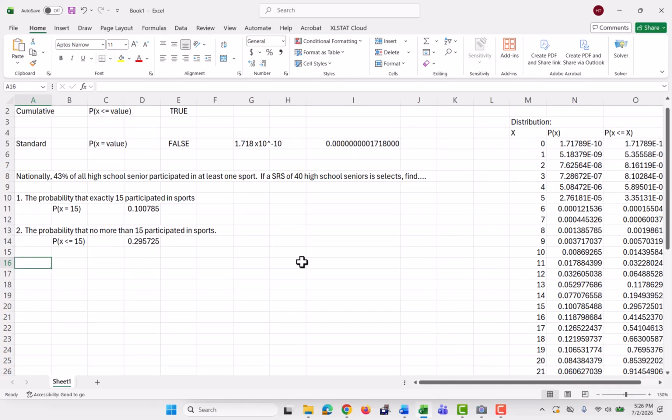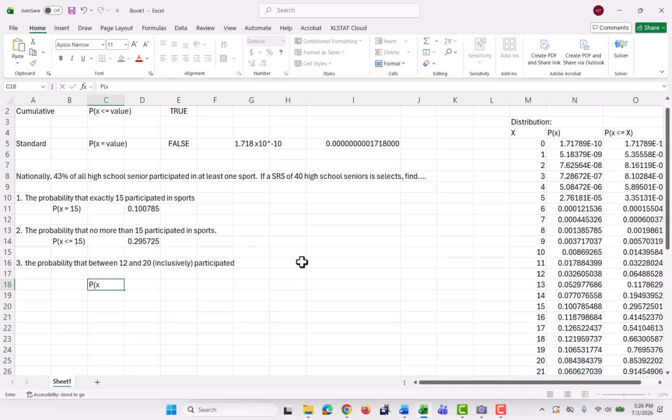So then this function is going to work just like any of our other calculations. Let's say I want to find the probability that between 12 and 20 participated. I'm going to put in inclusively here. So that means the 12 and the 20 are included.